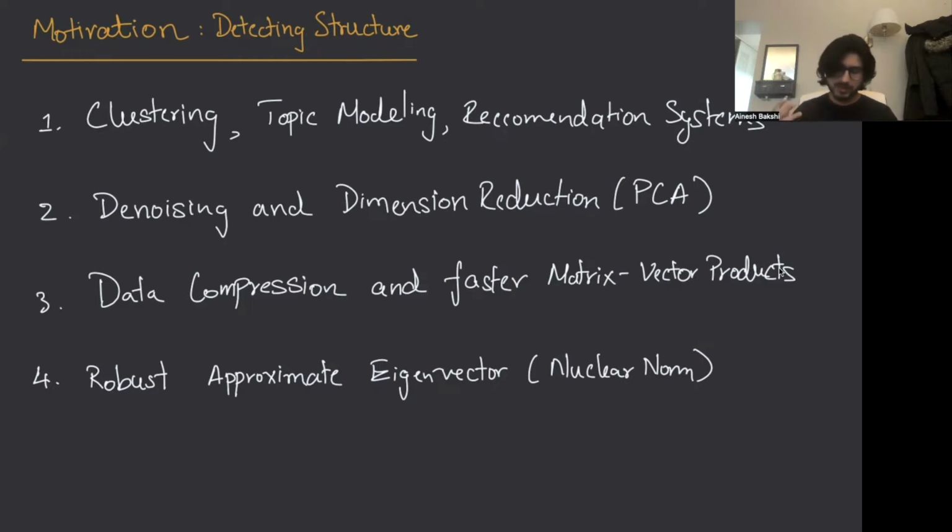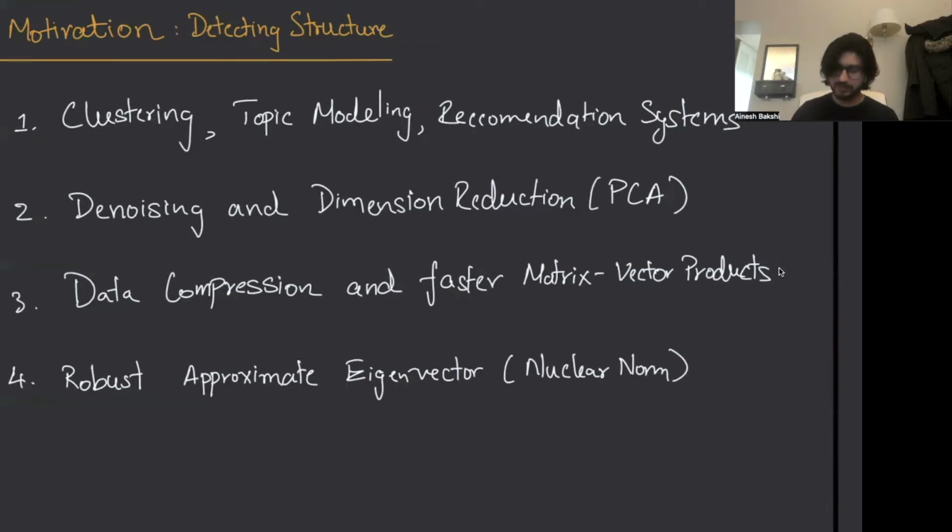Since we get a low-rank approximation of the matrix, we can think of this as a data compression operation, and it also leads to faster matrix vector products. Finally, we can think of minimizing this objective on the different norms, such as the nuclear norm, as a robust variant of approximate eigenvector computation. There are several other applications that I will not go over, but feel free to check out our paper for that.